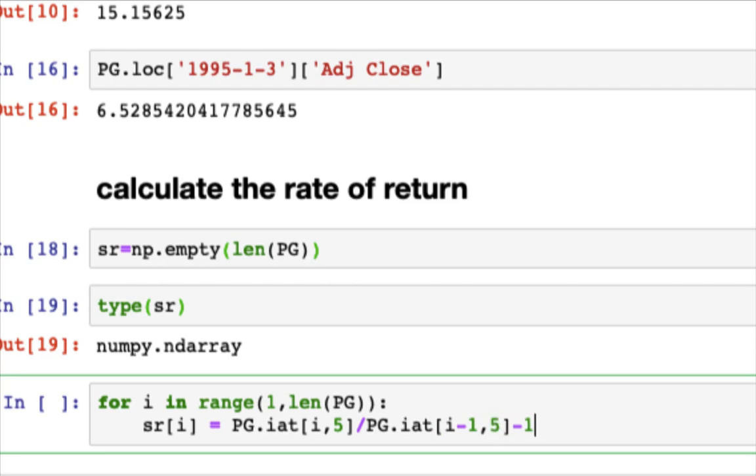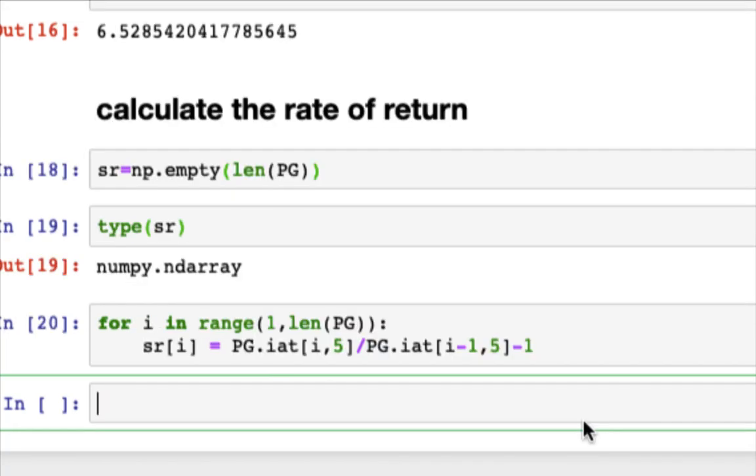Okay. And here you should understand why I started from 1. Because if I start from 0, this is the price at the 0th row, which is the first one, divided by the price at row -1, which is the last one, which is something completely wrong. So this is the reason why I start from 1.